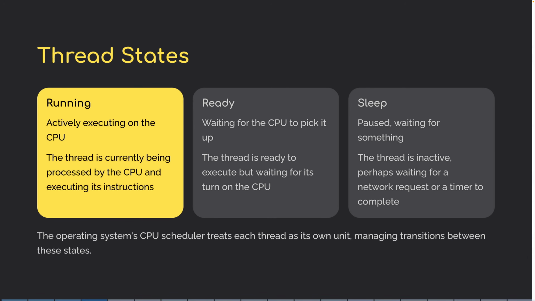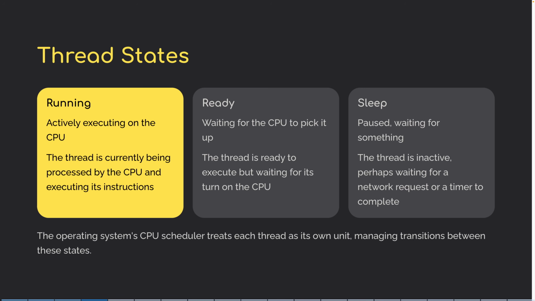Just as a process has states, a thread also has states: running, ready and sleep. Running means it is executing on the CPU, currently utilizing the CPU and executing its instructions. Ready means it is ready to execute, but it is waiting for its turn on the CPU.